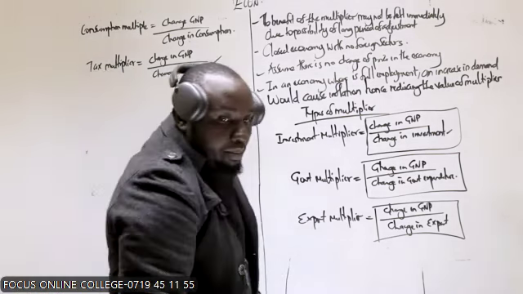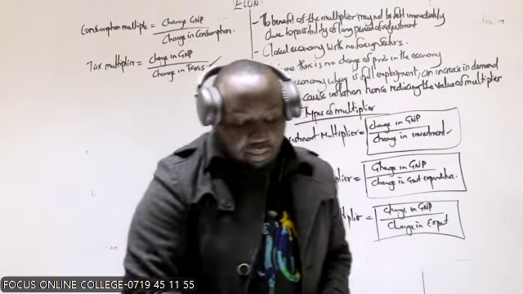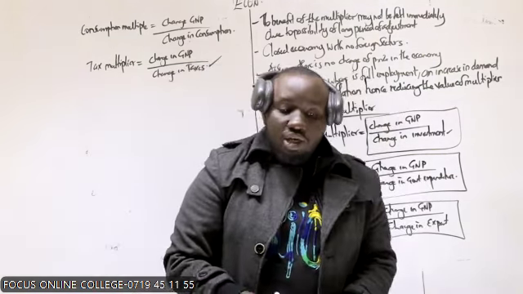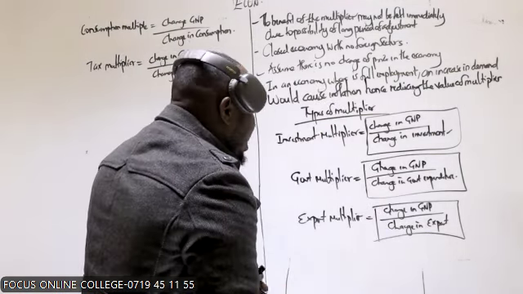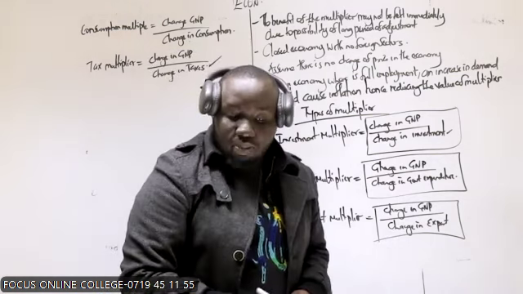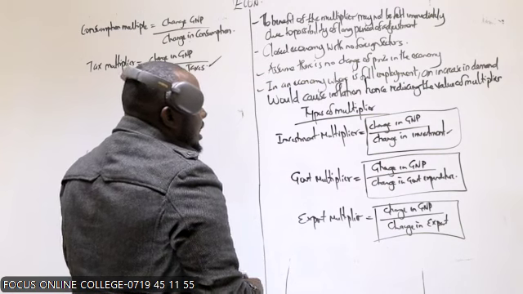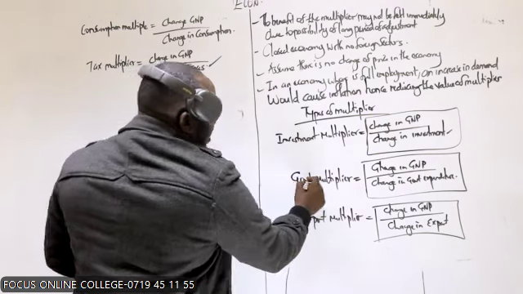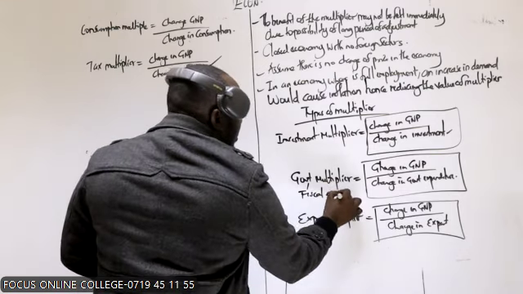You can also be asked about fiscal. Fiscal is the same as government expenditure and taxes, so when you're told fiscal, it's the fiscal multiplier, which touches on both.